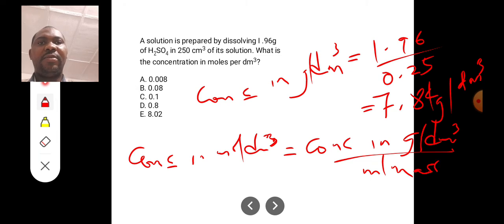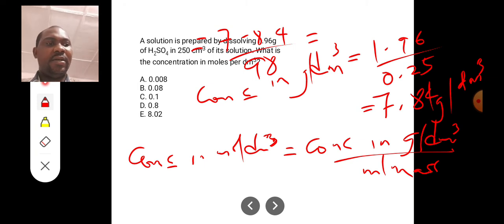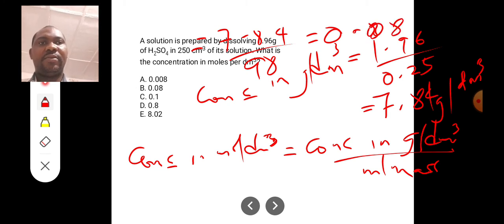So that will be 7.84 divided by the molar mass of H2SO4, which is 98 when you calculate it. If you have 7.84 divided by 98, we get 0.08. So the answer is 0.08 mole per dm³. So the answer here is B.